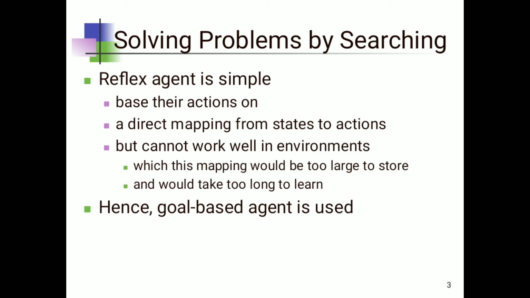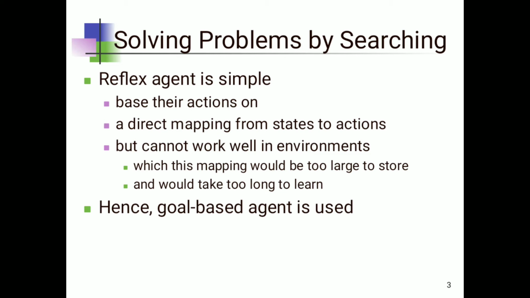So this is the basic limitation of the reflex agent. Here the mapping will be very large and it will take more time to learn because the size of that lookup table is very large.